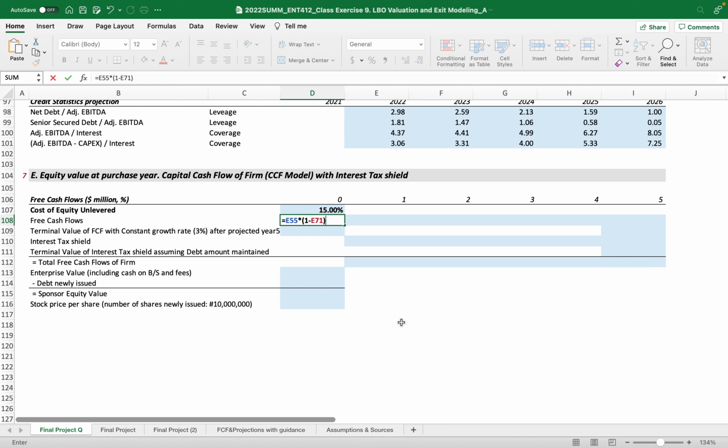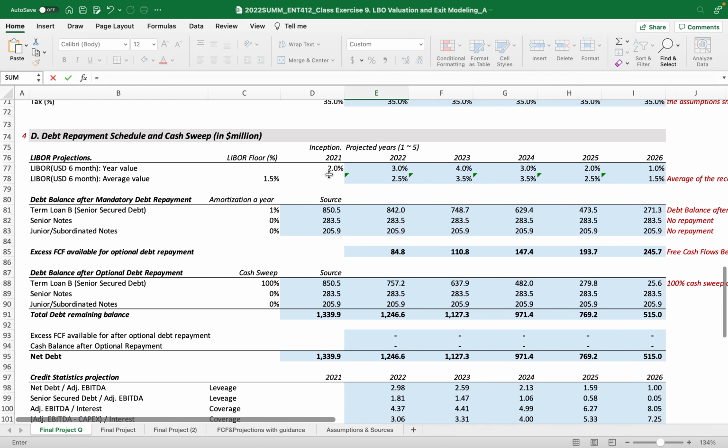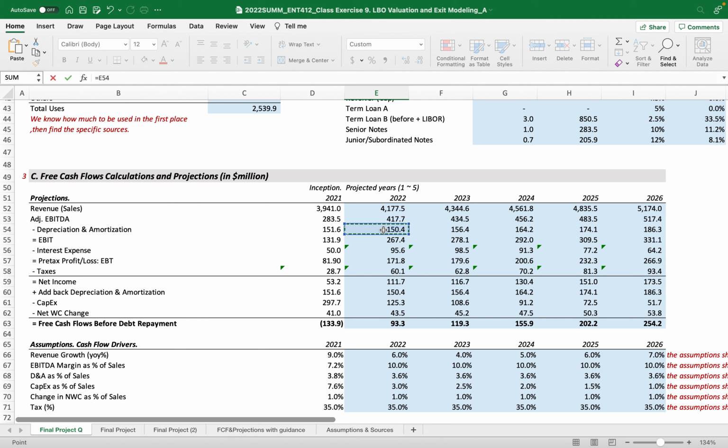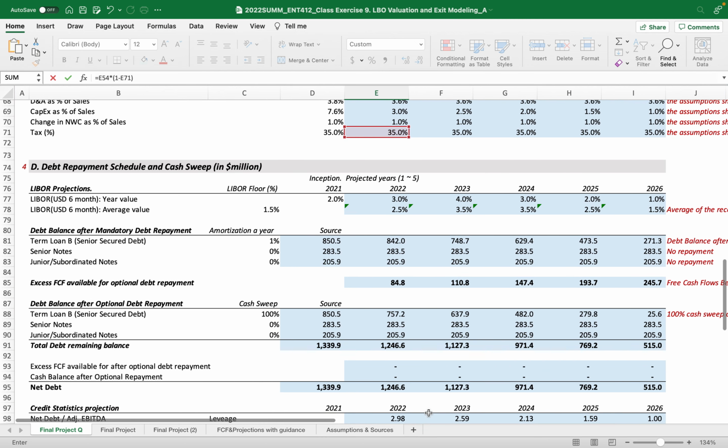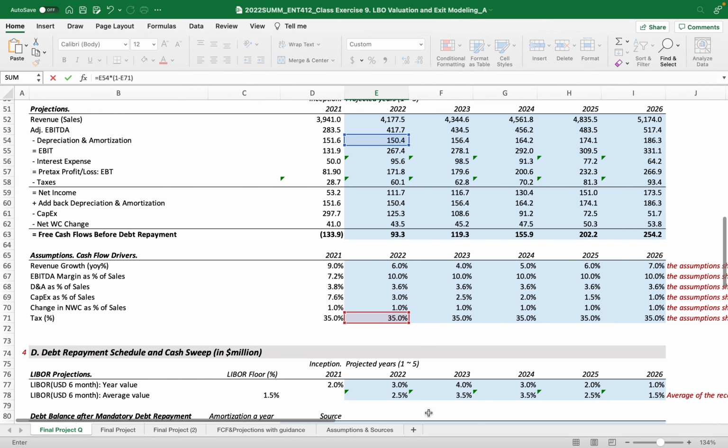So we need to get this. Just give me a second. Not here, but the free cash flow of the future, right? Again, EBIT times one minus the tax rate, and then next we need to add back the depreciation, right? Then minus capex, then minus the net increase in working capital.